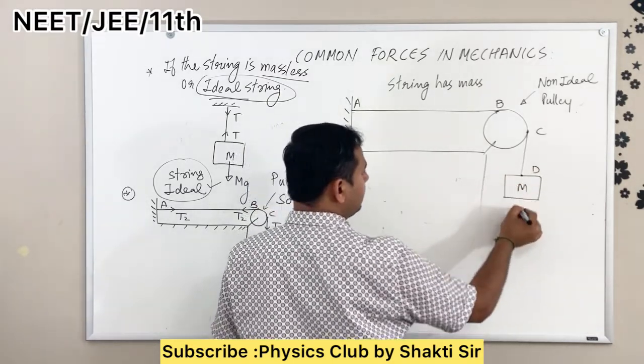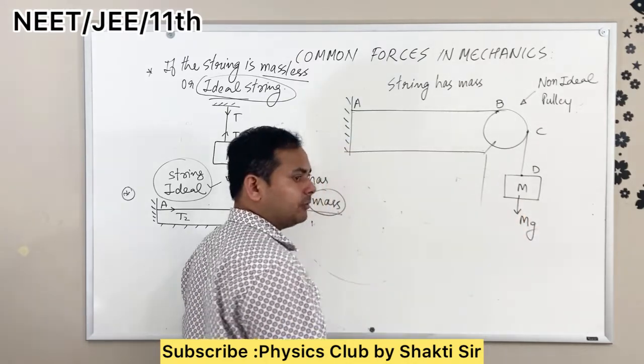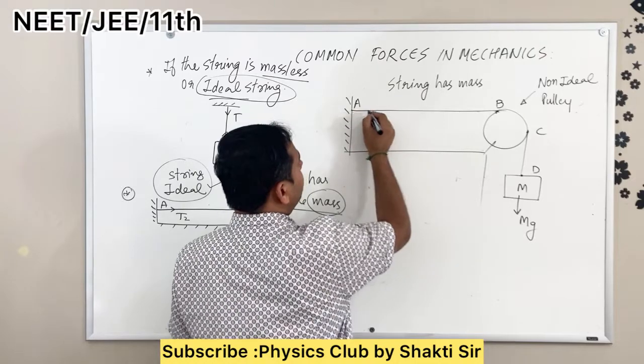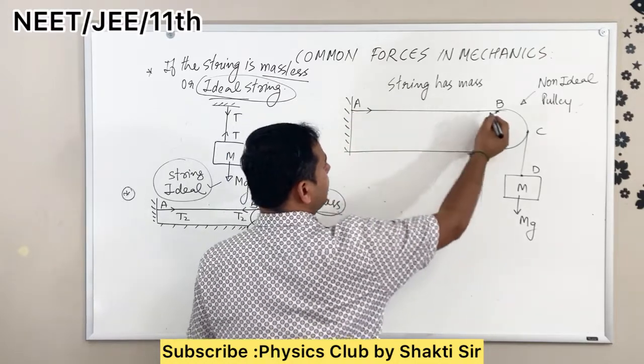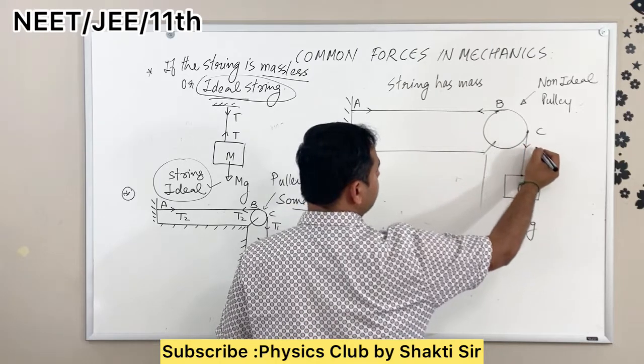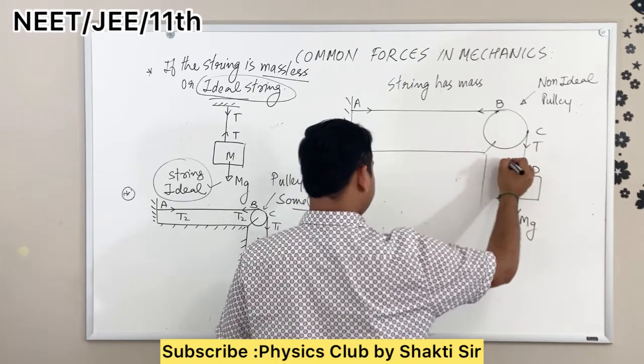It has mass m, and due to the gravitational force mg, that is the weight of the block, it's acting downward. At this point tension is in this direction, at this point tension is in this direction, at this point tension is in this direction, at this point tension is in this direction.